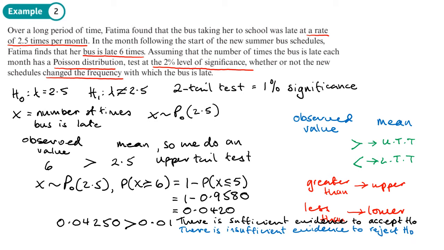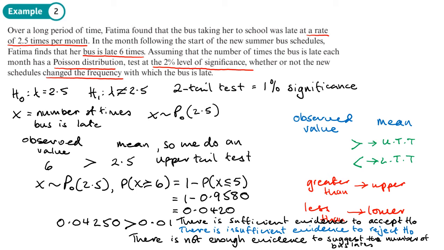So what does that mean? We'll finish it off by saying there is not enough evidence to suggest the number of lates or bus lates has changed.